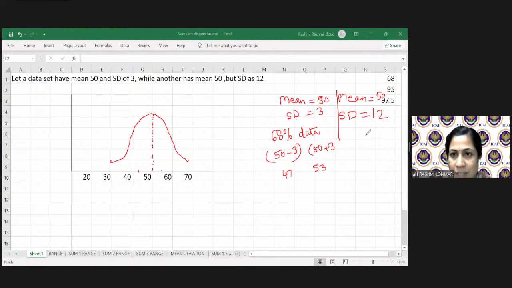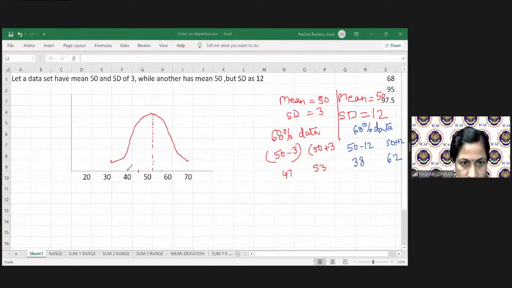Now for the second, let me take another. This means that 68% of the data is represented by 50 minus 12 and 50 plus 12. So this becomes 62 and this becomes 38, right? So where is 38? 38 is here somewhere and 62 will be here somewhere.